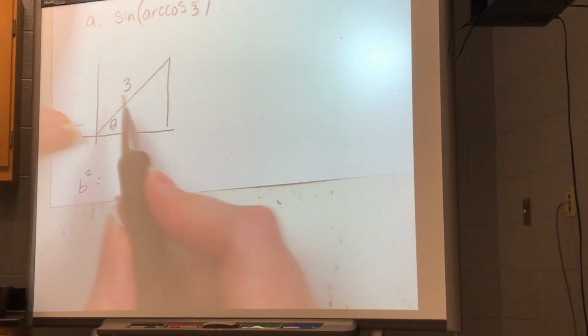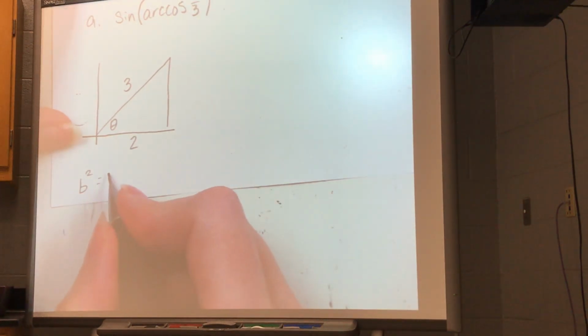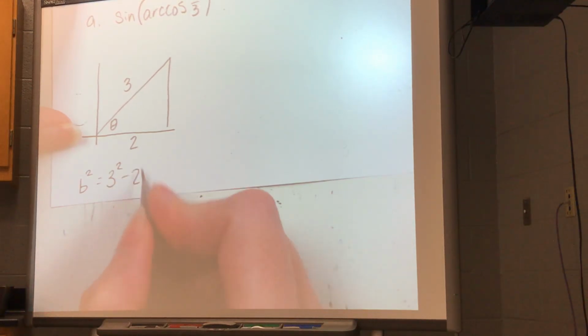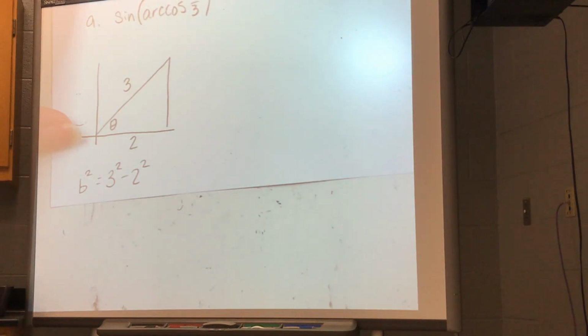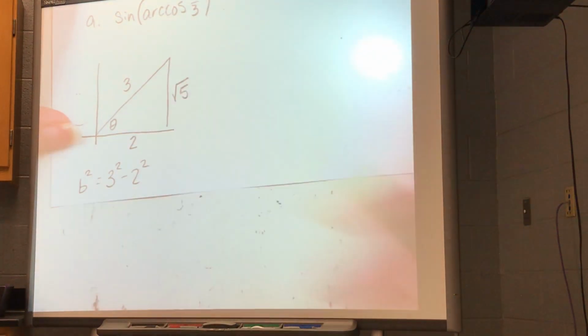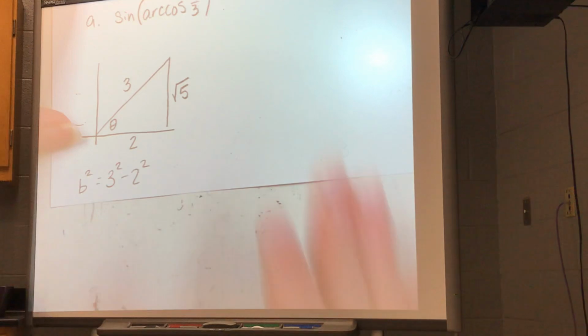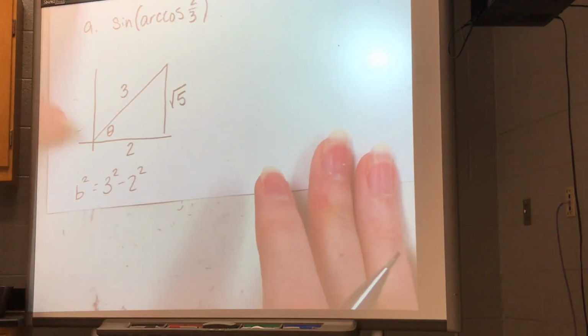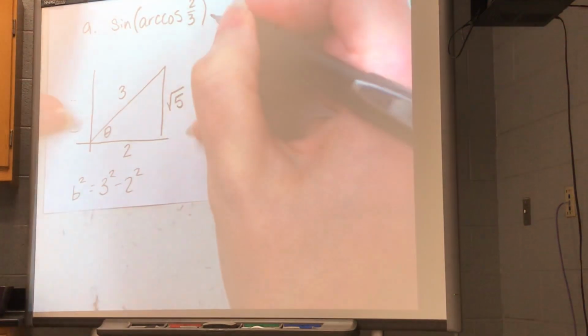Since we have a hypotenuse, we're going to subtract with the Pythagorean theorem. 9 minus 4 is 5, so this side is going to be the square root of 5.